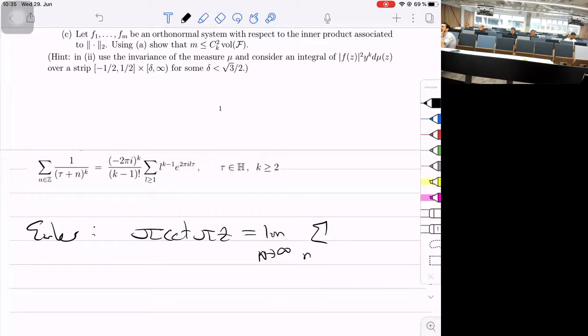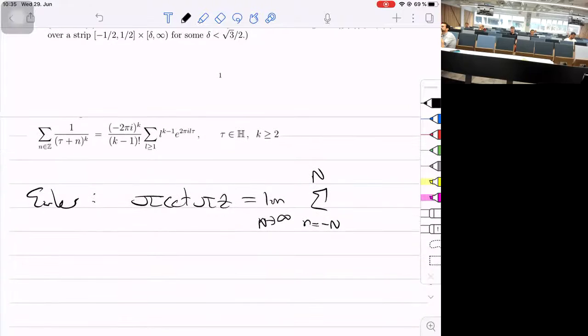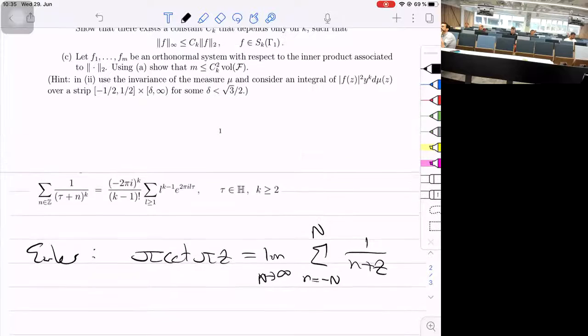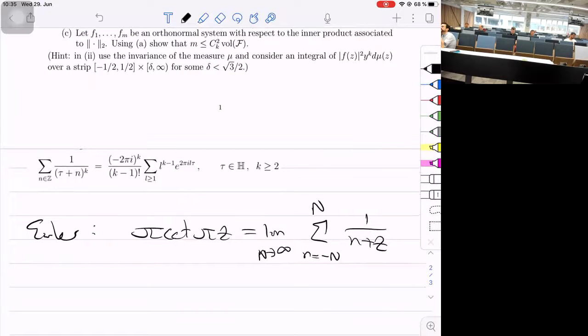I want the sum to run over the bounds minus N to N, so symmetric. We take 1 and minus 1, 2 and minus 2, 3 and minus 3 all at the same time. And this formula should be valid for z in R minus the integers, and both sides diverge at an integer.